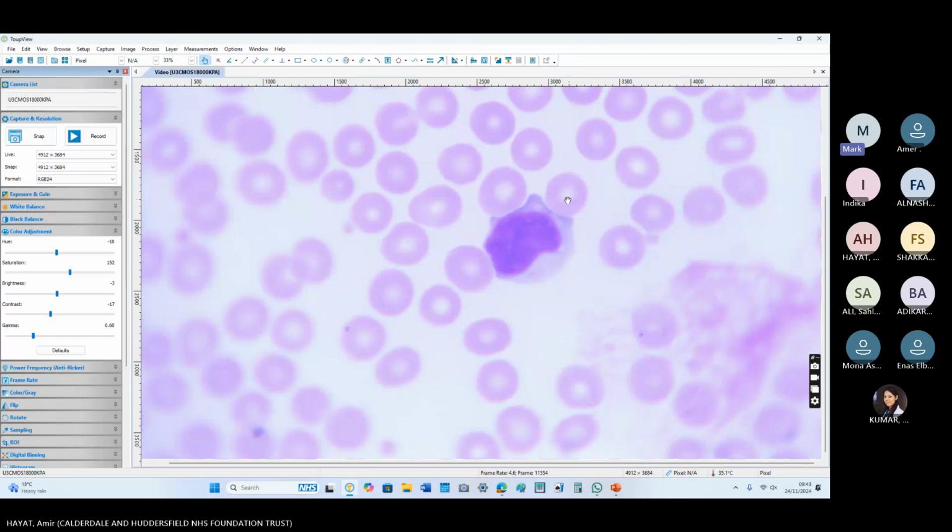It's molded around the red cells. So this is another phenomenon called scalloping of the red cell. The cytoplasm is basophilic. There are no nucleoli in this cell, and these are the features of a reactive or atypical lymphocyte.